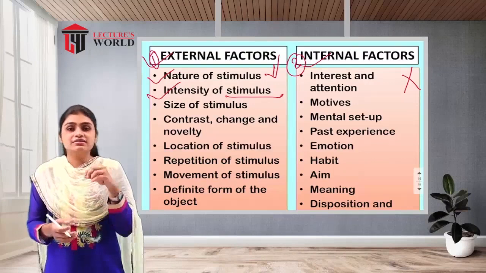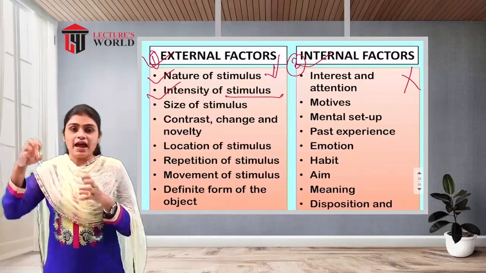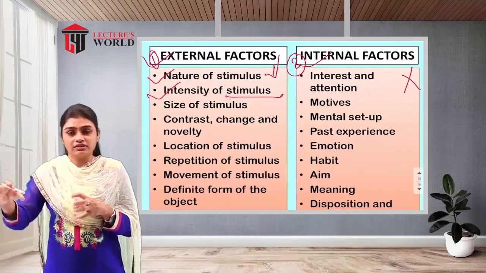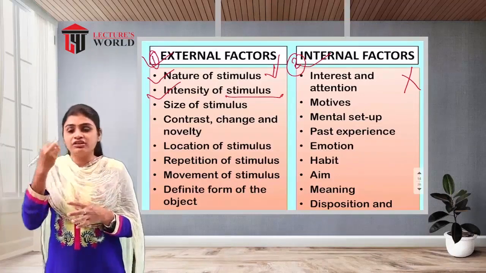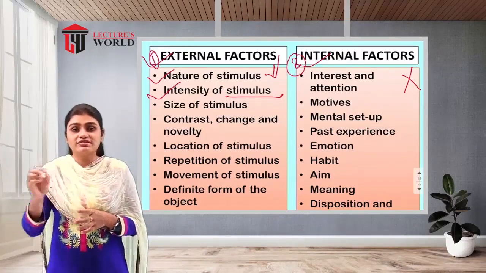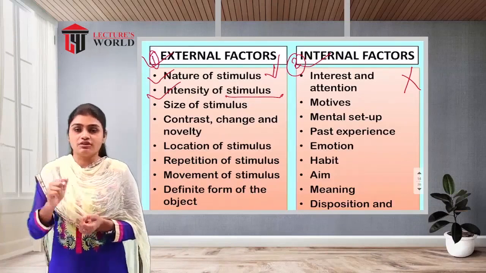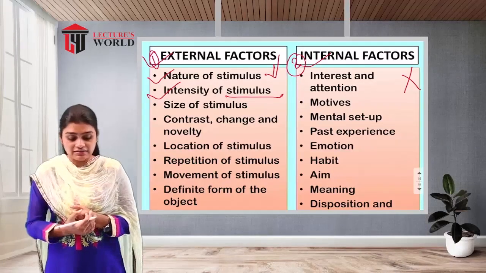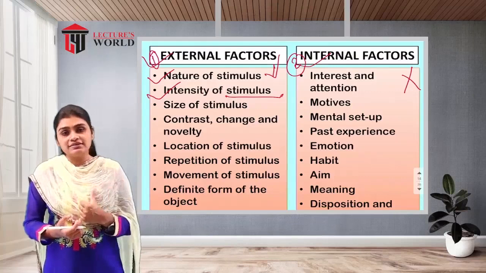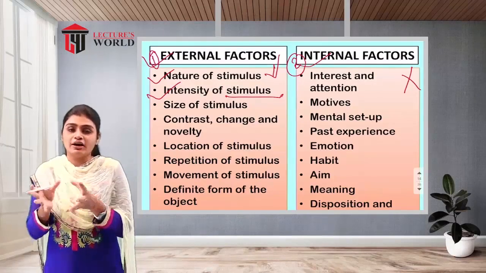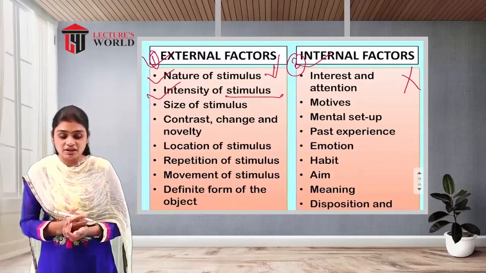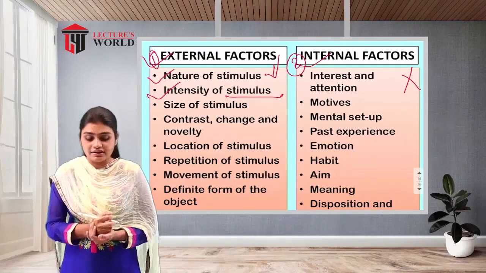Whenever the intensity is high, the energy in that particular stimulus, the moving energy, is high, and at that time our attention easily goes towards that particular event, situation or object. Compared to low intensity stimuli, high intensity stimuli are going to achieve our attention very quickly. So that is the intensity.